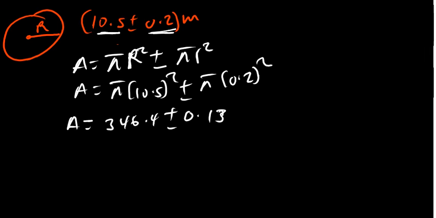I've just rounded off. Then you can put them in brackets and say it is in meters. So for you to find the circumference, you are going to use the same principle, then you come up with everything.